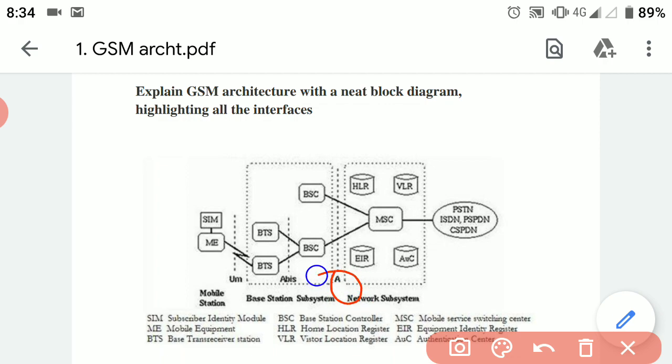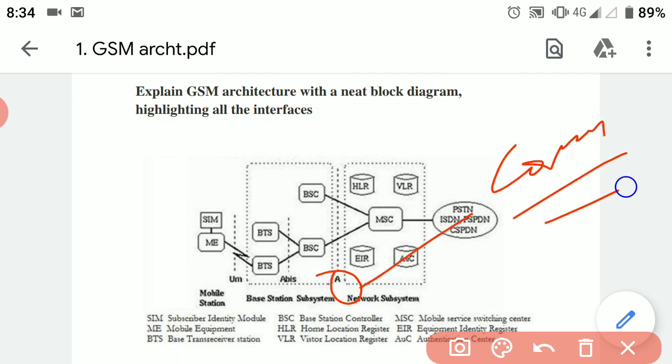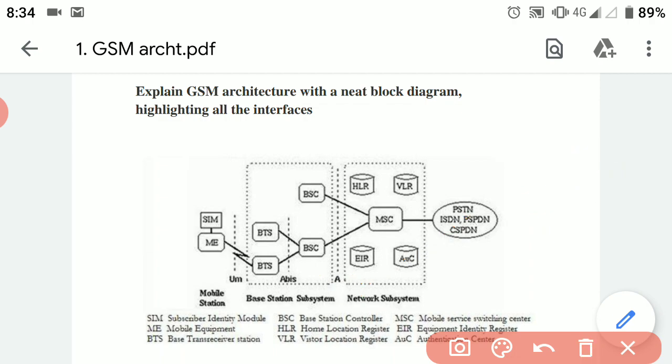This A interface allows communication between these two systems. So we have three interfaces. First one is the air interface. We have ABIS interface, which allows control of equipment and radio frequency, and A interface, which actually allows communication between a BSC and a MSC.